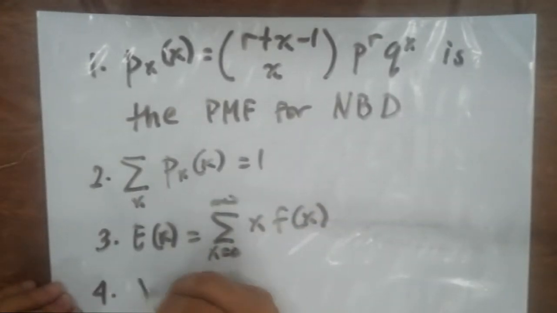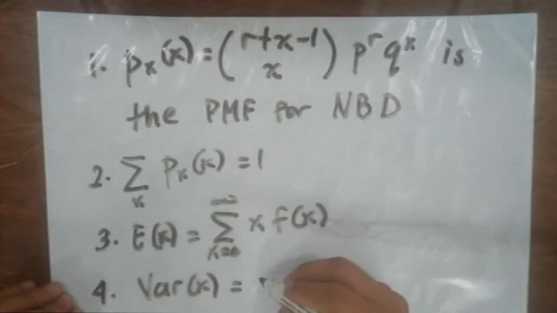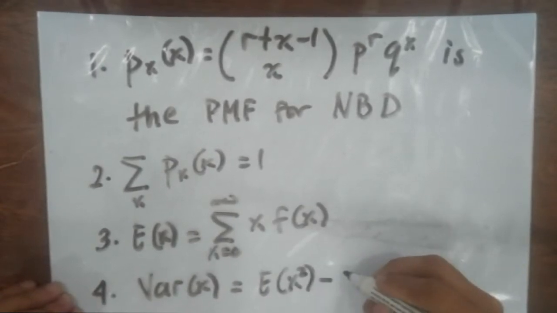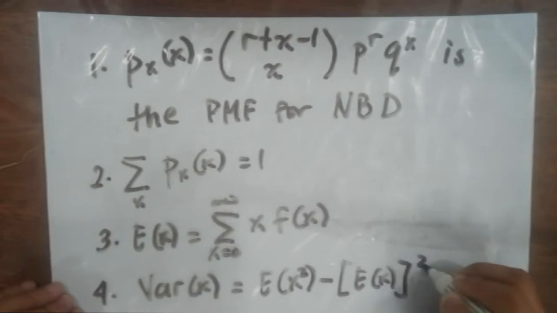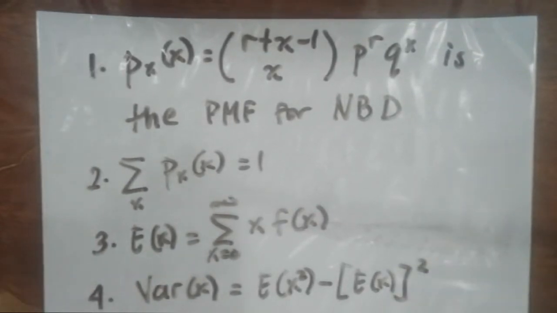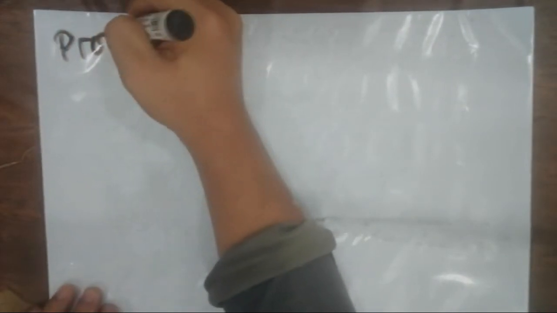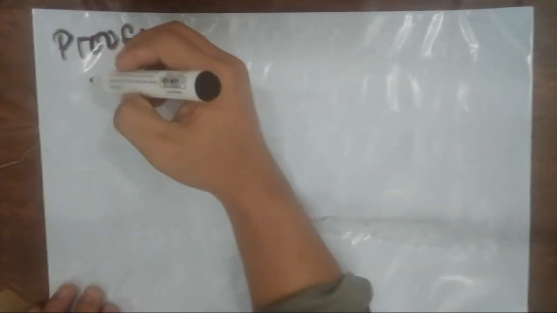The variance of X is equal to the expectation of X squared minus the expectation of X, squared. Now we're going to start the proof. Now we're going to start with the expectation.